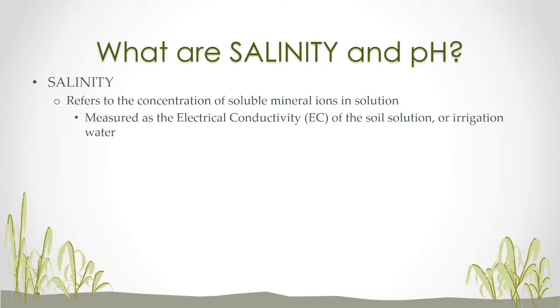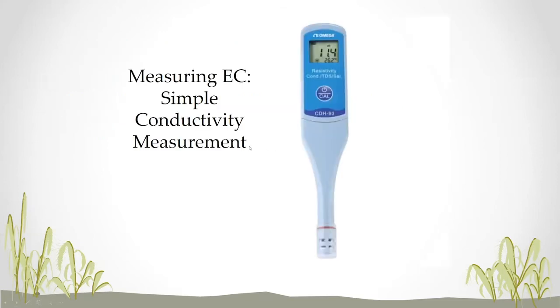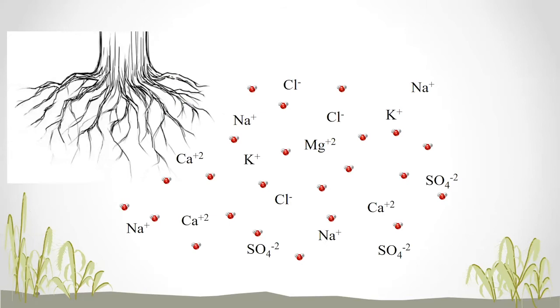It's difficult to draw out the individual ions and measure how much is there. But we can use a surrogate measure very conveniently called the electrical conductivity. A simple conductivity meter can be used to measure the salt content. The reason for that is that because these are charged ions in solution, they will readily conduct electricity.